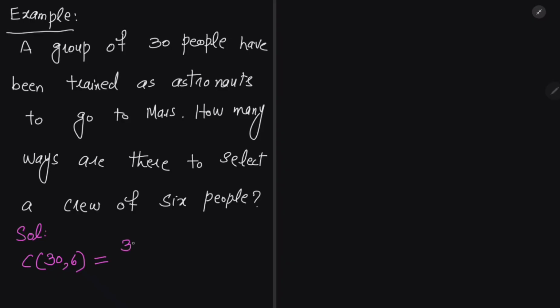So we have 30 factorial divided by 6 factorial times (30 minus 6) factorial, and after solving that we get 593,775. These are the arrangements for such a 6-member crew.